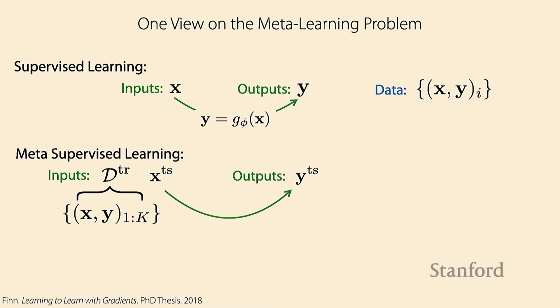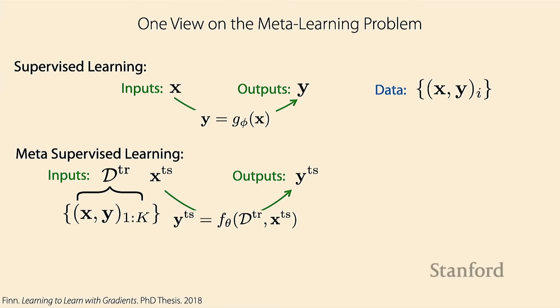You can think of this green arrow here as the process of learning from that data set to make a prediction for a new example. From this standpoint, we could again view this as a supervised learning problem where we want to train a neural network to take as input a data set, learn from that data set, and make a prediction on a new test example.